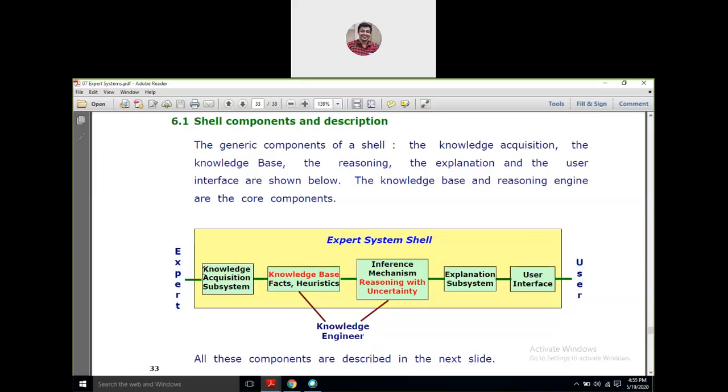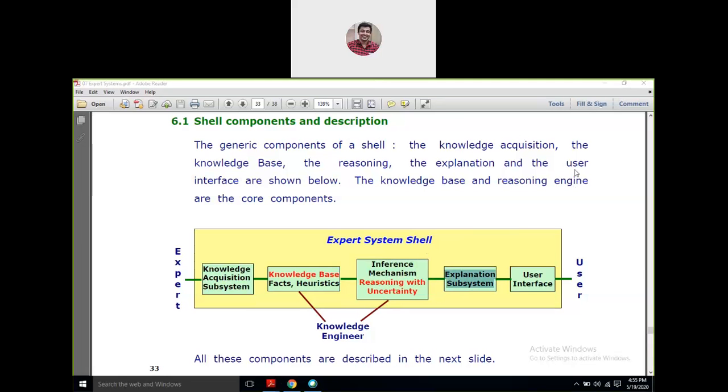In between them we have certain phases already elaborated in previous lectures, like knowledge acquisition and how you encode the knowledge gained from the expert within the expert system shell. Even though this whole part is called the expert system shell, basically it is the knowledge base, the inference mechanism, and the explanation subsystem that comprise it, right?